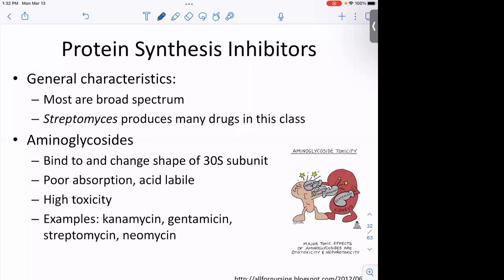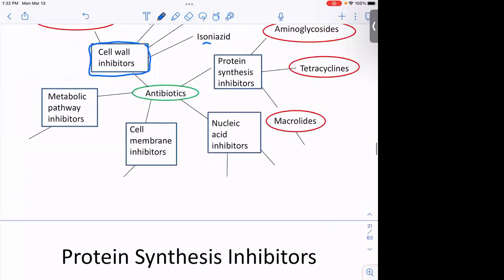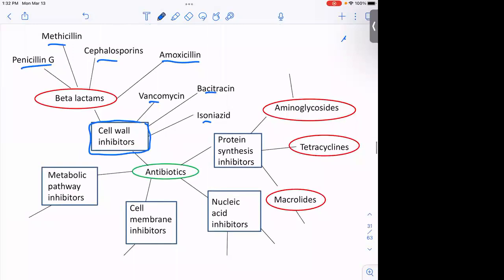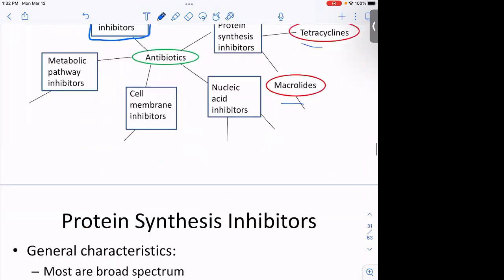So in general, what can we say about these? There are several different kinds, and as we finished last time, I said, here's a concept map. This is a great way, if you're a visual learner, to help yourself keep all this straight. You can see there are several different kinds of protein synthesis inhibitors that we're going to talk about next.